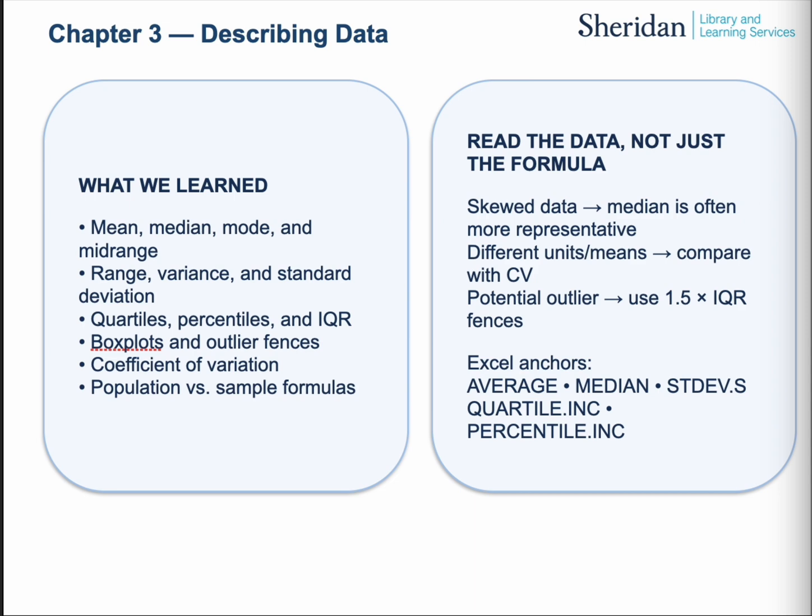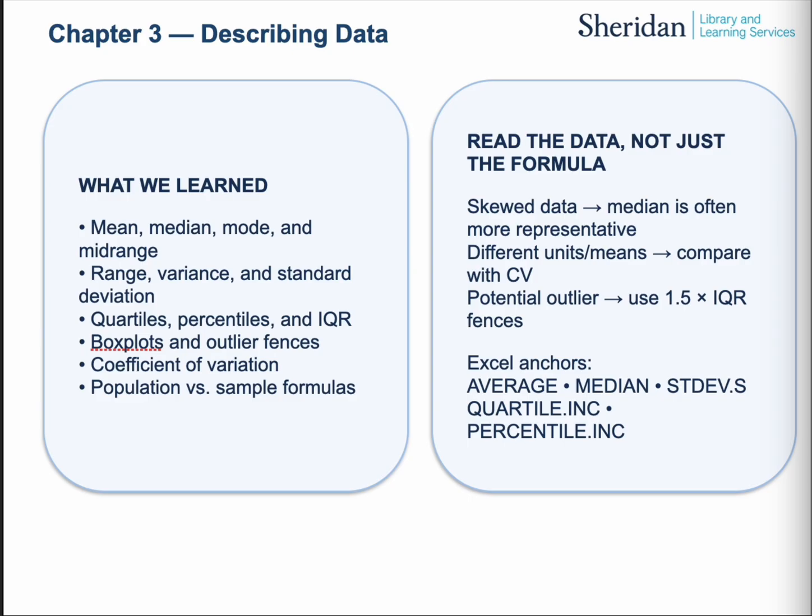The IQR measures the spread of the middle 50% of the data and is calculated as Q3 minus Q1. The IQR is particularly useful because it helps us identify potential outliers. Using the 1.5 times IQR rule, we calculate the lower and upper fences. Any observation outside these fences is considered a potential outlier.